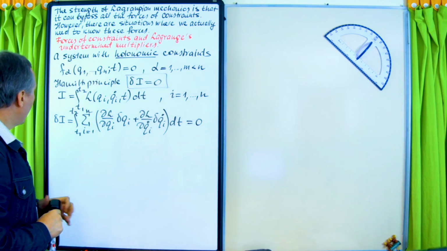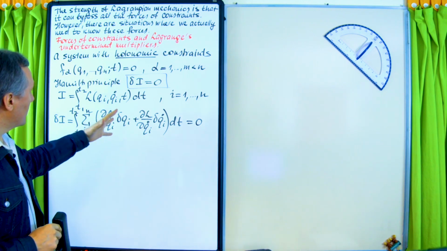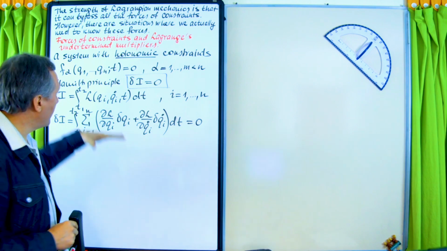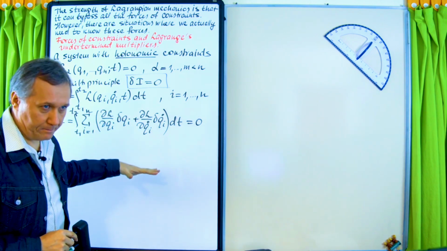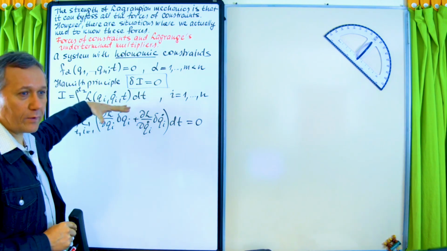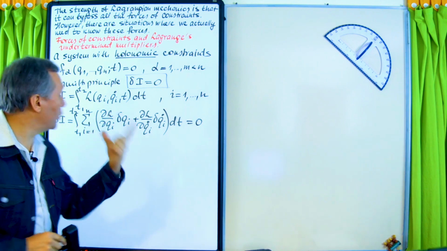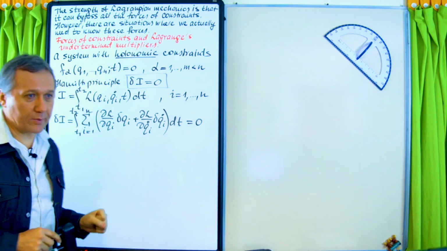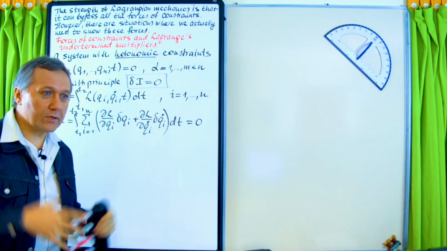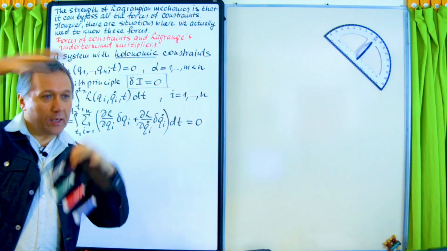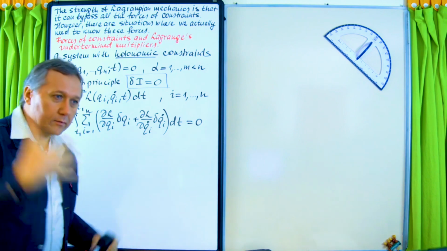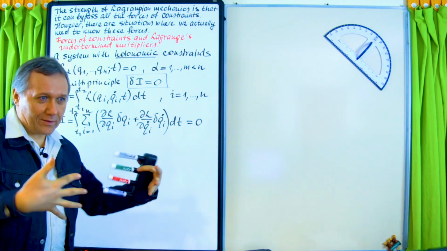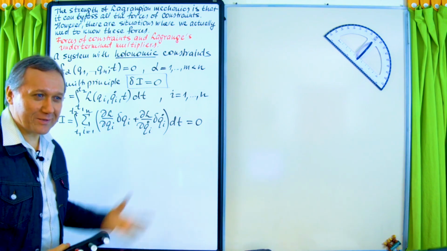So now I'm preparing something from the side of Hamilton's principle, because you remember the goal: we need to combine somehow these constraints with this Hamilton's principle. So I grabbed Hamilton's principle and do some massaging in order to prepare it for merging with the constraints.